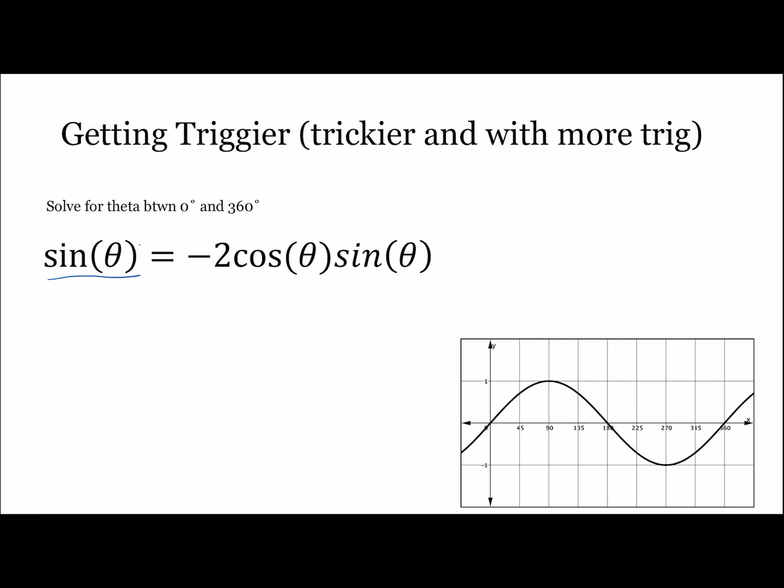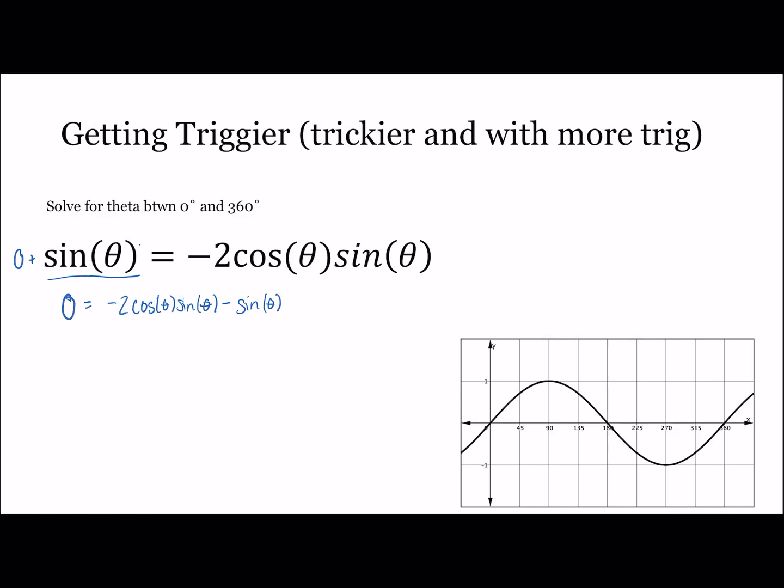So in order to prevent myself from breaking the world of math, I don't want to divide by sine of theta. Instead, I want to subtract sine of theta over to the other side. We are technically adding it to 0 right now in this moment, so I'm going to subtract it to the other side and I'll just be left with 0. But this is to guarantee that I don't end up doing something that's breaking a math rule, meaning dividing by 0.